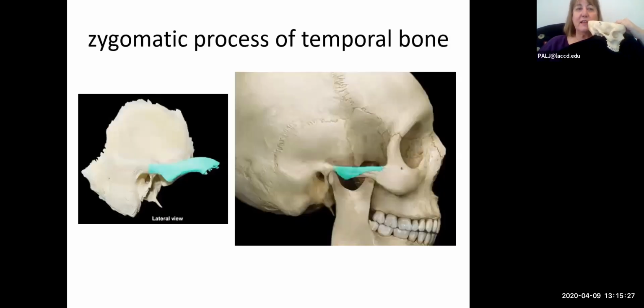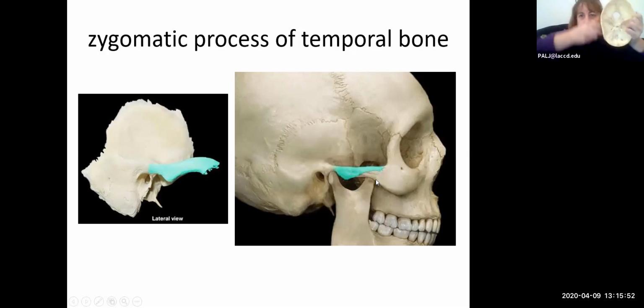Now the last thing is called the zygomatic process of the temporal bone. So this is that anterior projection coming just anterior to the external acoustic meatus, and then you can see something going anteriorly. If you look at the picture on the right, you'll see it's not the entire structure.